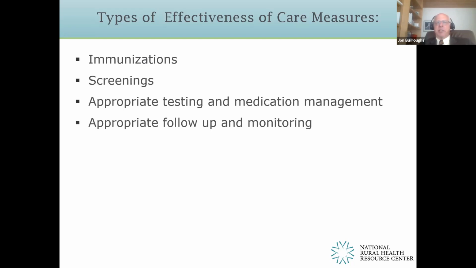Appropriate follow-up and monitoring. In the old hospital world, when we discharged a patient, think about that term discharge. We discharge the patient from our responsibility. That's no longer going to be the case. It hasn't been the case in surgery with global services payment for quite some time. But you are going to be increasingly held accountable for what happens when the patient leaves your office or leaves your hospital, leaves your clinic.